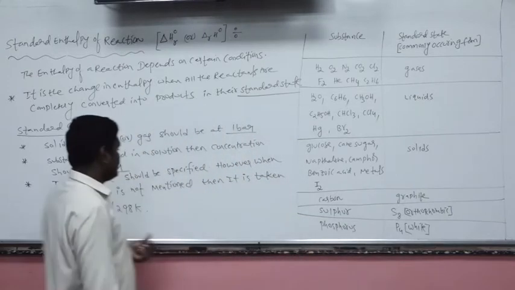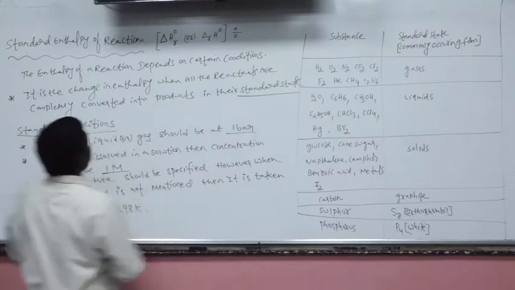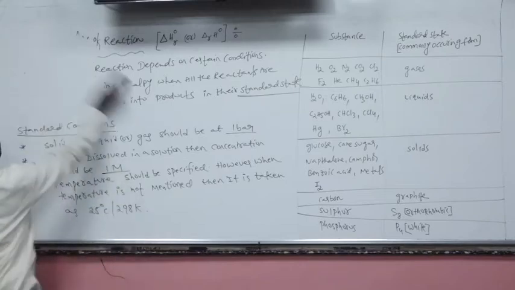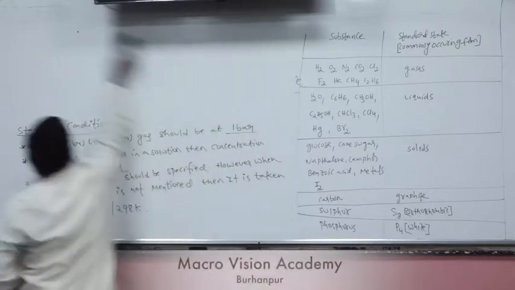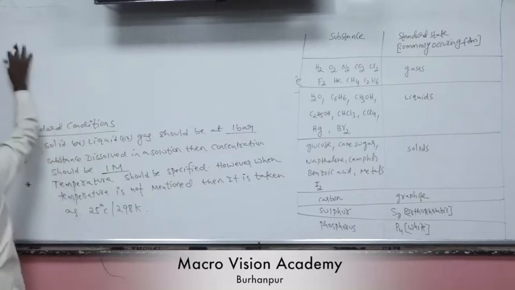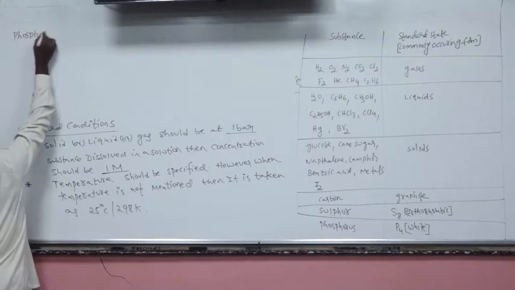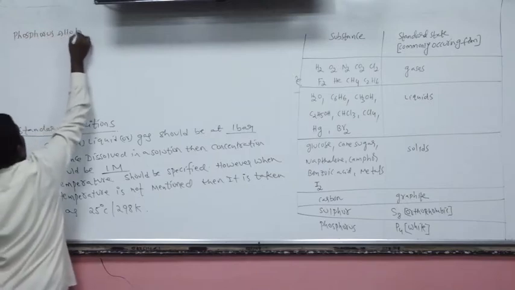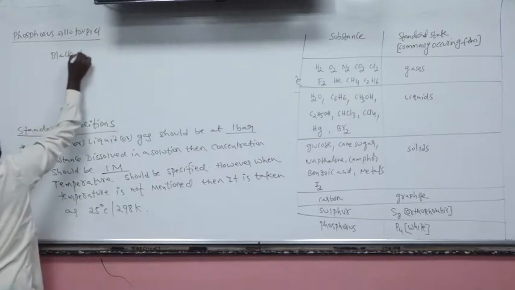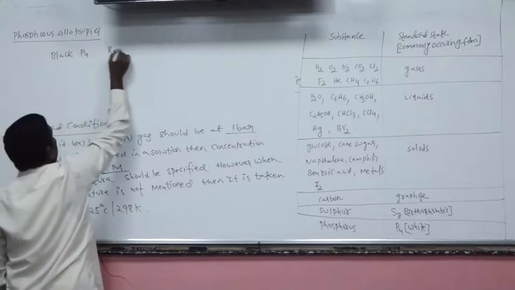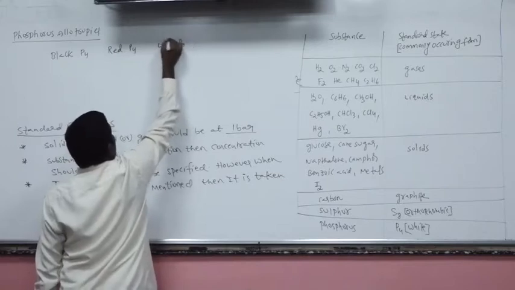Actually phosphorus allotropes: black phosphorus, red phosphorus, white phosphorus.